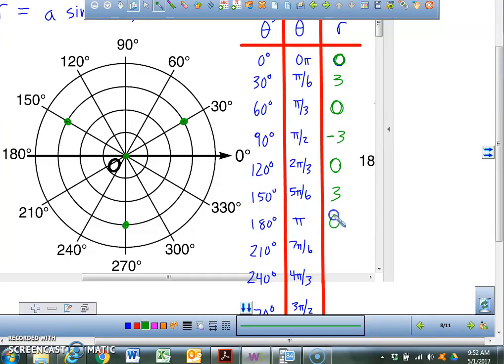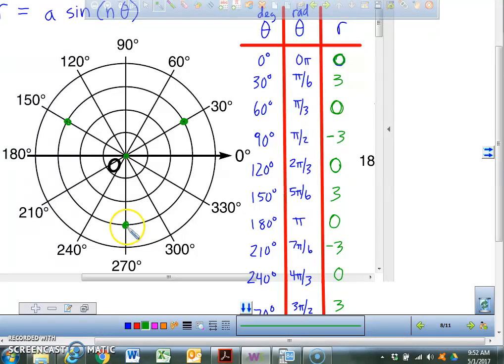All right, let's check our pattern now. Now that we've done this, what do we have? We have 0, 3, 0, negative 3, 0, 3, 0. What do you think that's going to be? Follow the pattern. 0, 3, 0, negative 3, 0, 3, 0, negative 3, 0, 3.